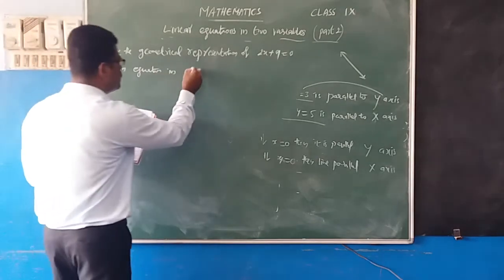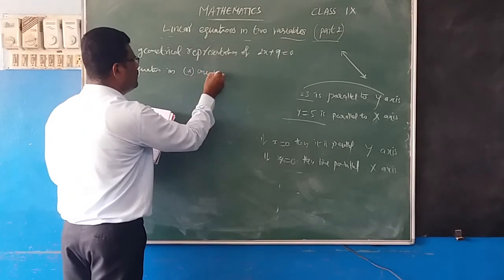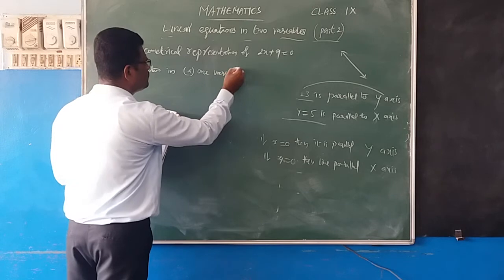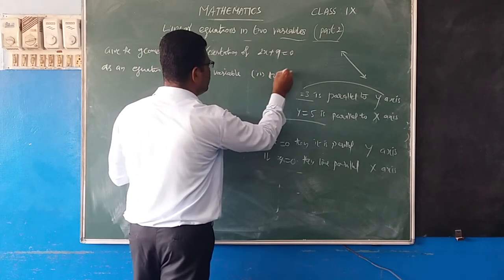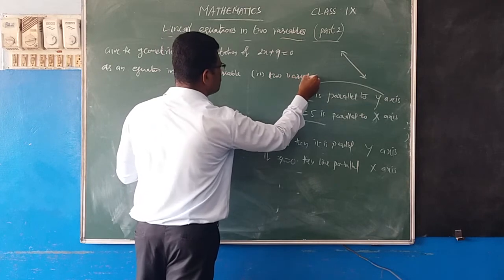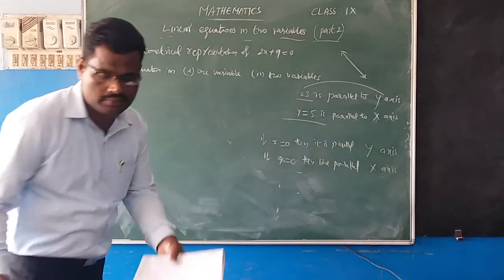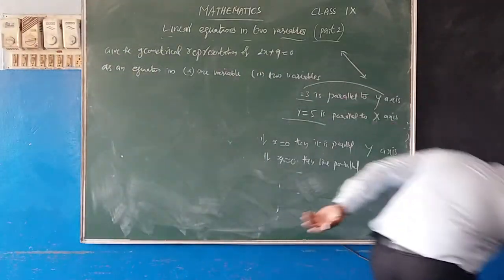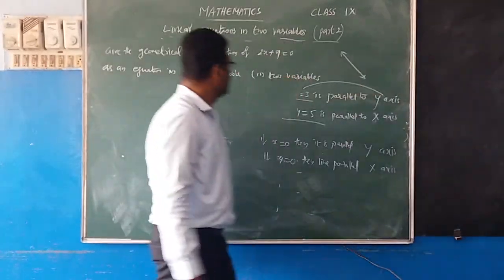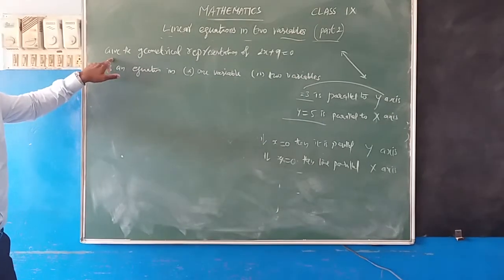In the first one is one variable, second one is two variables. One variable and two variables. So what is the meaning of this? Give the geometrical representation.